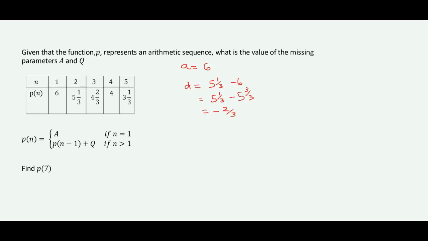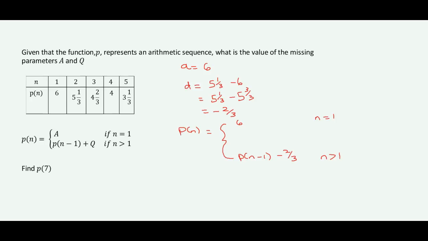So that's our common difference. So our P of n, the recursive formula, is going to be A, which is 6, when n is equal to 1, and P of n minus 1, minus 2/3 when n is greater than 1.